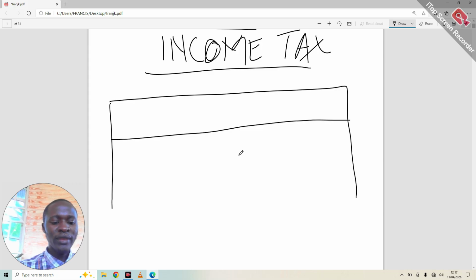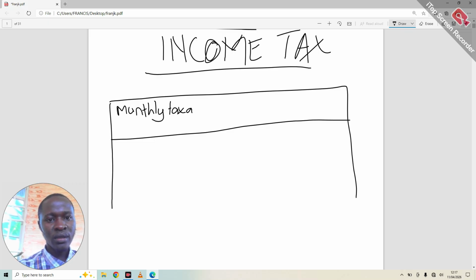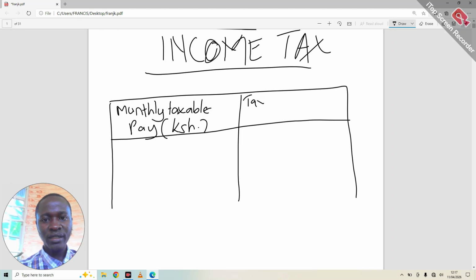You have the table: monthly taxable pay, in brackets, in shillings. Then we have the tax rate, in percentage in each shilling.